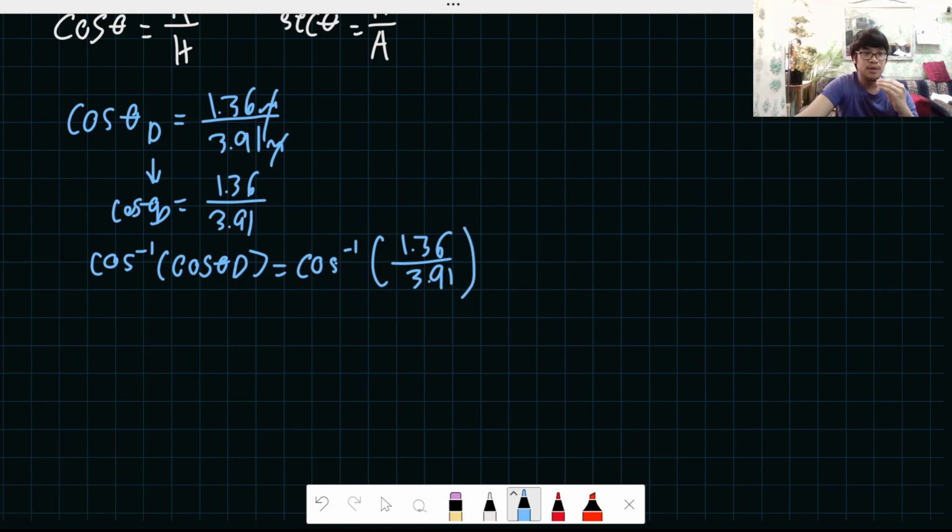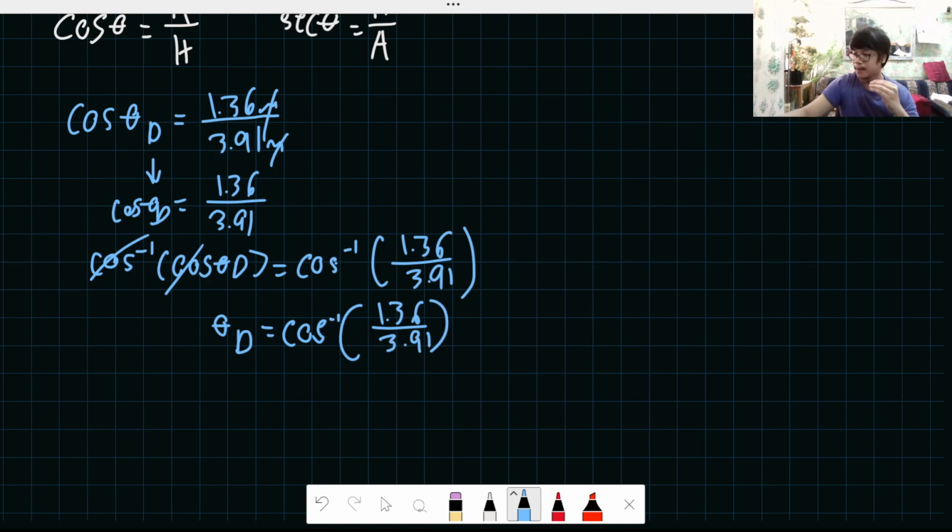Inverse cosine of cosine cancels, so theta is equal to inverse cosine of 1.36 over 3.91. At two decimal places, you will get 69.65 degrees. And that is the answer.